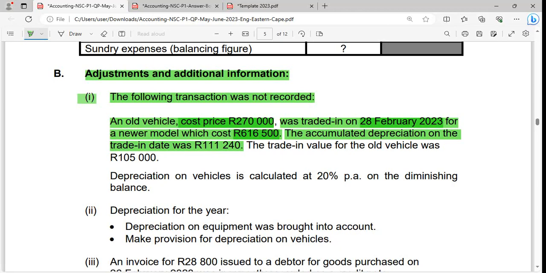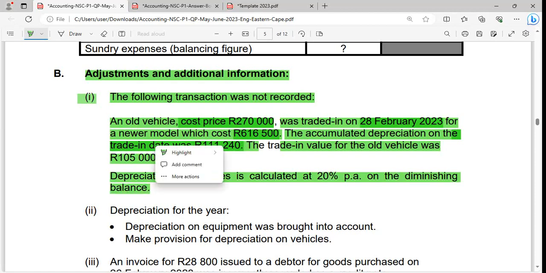So the trade-in value for the new vehicle was 105,000. Depreciation on vehicles is calculated at 20% per annum on the diminishing balance method.